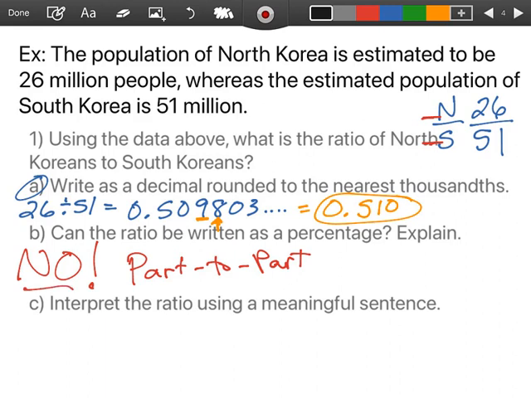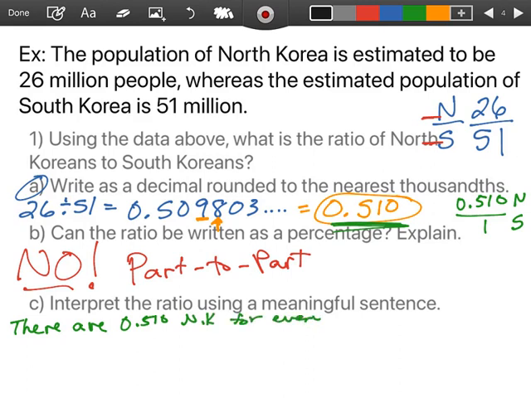So if we're going to interpret this ratio, I'm going to do this two different ways. The first is using our decimal. This is the same as 0.510 over 1. And remember, this is North over South. So I would say there are 0.510 North Koreans for every 1 South Korean. And you might say right now, well, that makes no sense. You can't have half a person. Exactly. That's part of the issue with this.